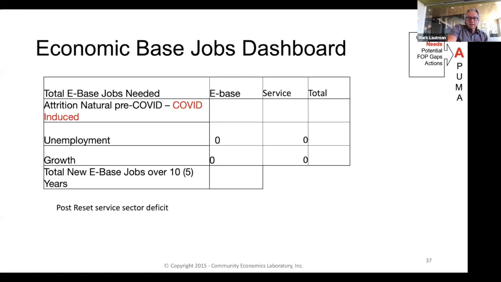This is an example of what we are trying to fill out here. How many total economic base jobs are needed? You're going to want your natural attrition. So pre-COVID, how many jobs were going to be lost to the natural churn of the economy?